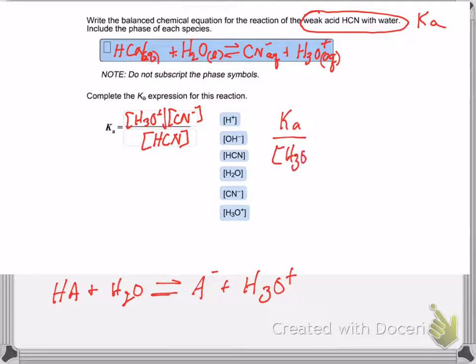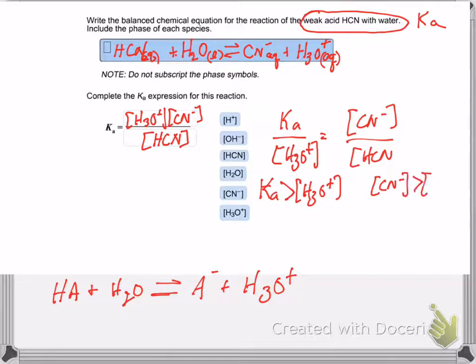We can also rearrange this as we did in class, where we divide both sides by H3O plus, and we see that Ka divided by H3O plus is equal to the ratio of the conjugate base to the acid. This is really nice because Ka is a constant at a given temperature, so we can manipulate the pH, the H3O plus concentration, in different ways to obtain any ratio of CN minus to HCN that might be experimentally convenient.